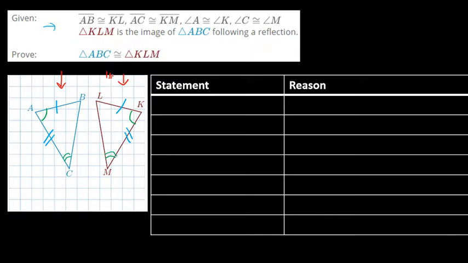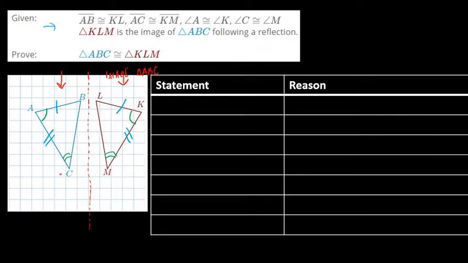So if this is the image of triangle ABC following a reflection, it means that's the result of the reflection. And you can see here, if I draw this dotted line, this might be our line of symmetry. Imagine if I crease my paper here and folded it in half.